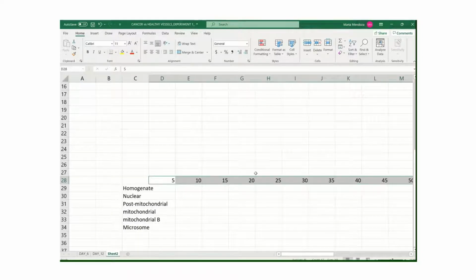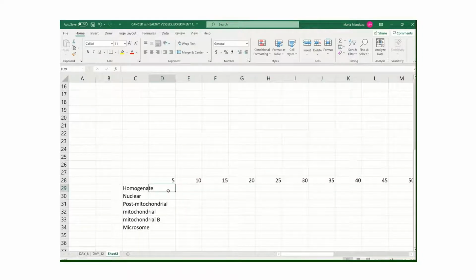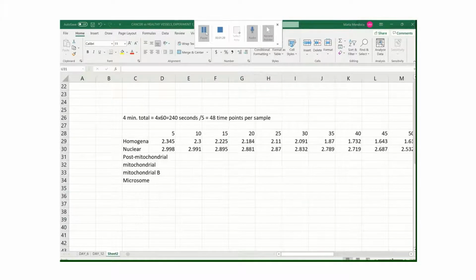So then you go ahead and fill in your values. So if you started at 2.345, 2.300, 2.2. Okay, so I filled out 2 of these lines, and then some more information up above.